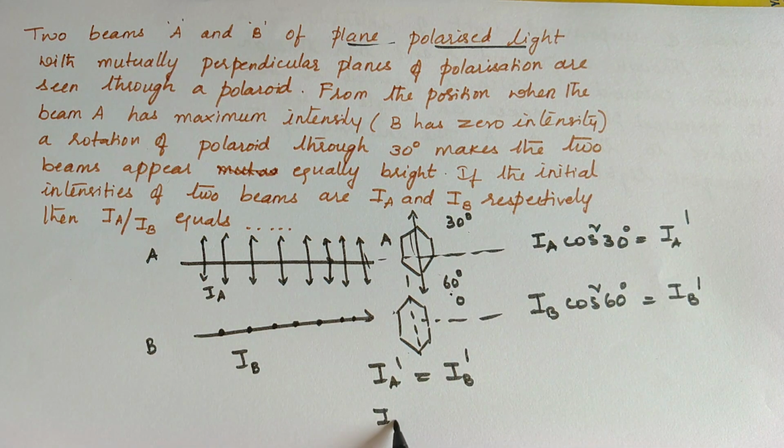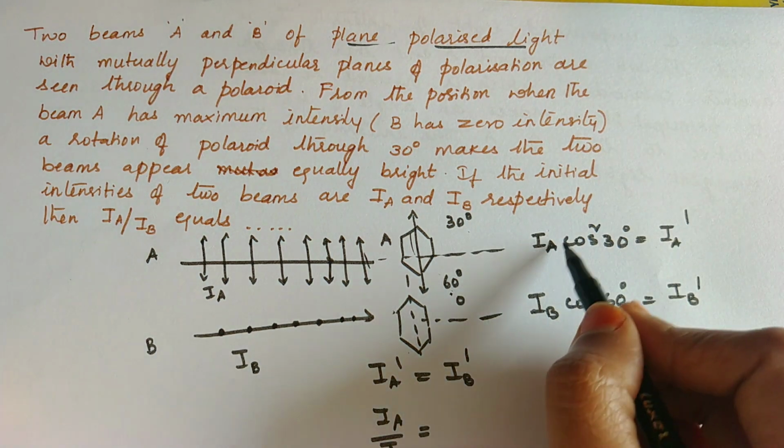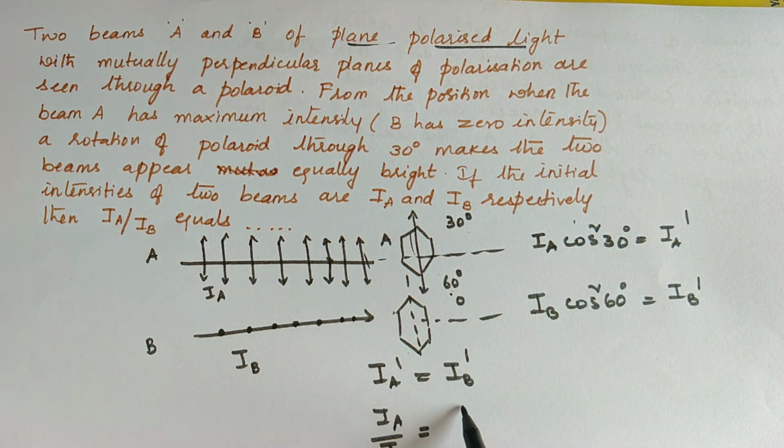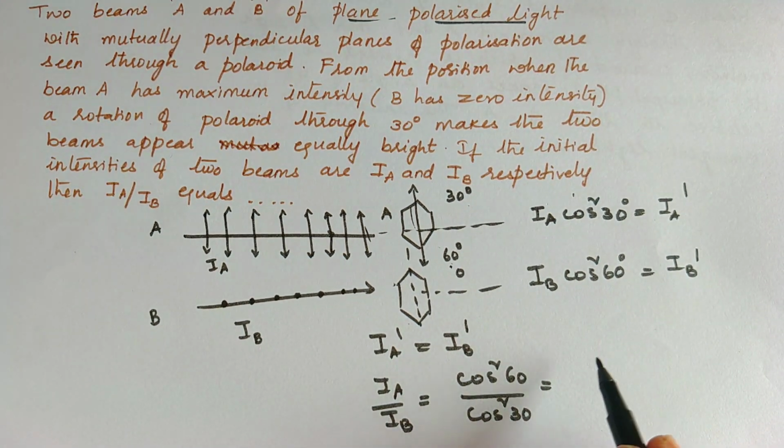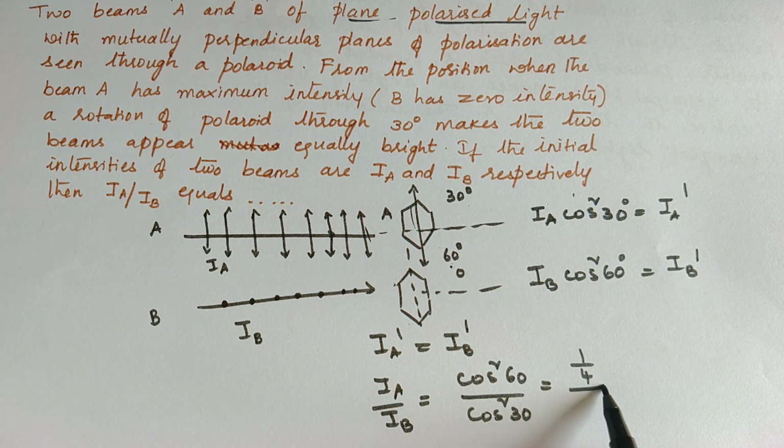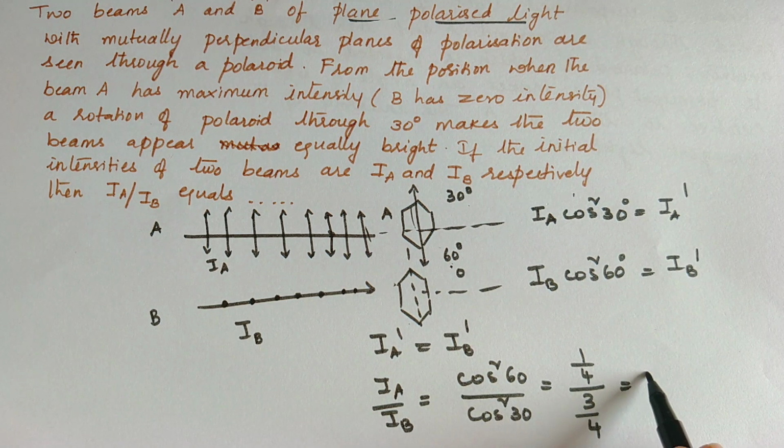Equate them. IA cos square 30 is IB cos square 60. So IA by IB should be cos square 60 by cos square 30. We know cos 60 is 1 by 2. Square of it will be 1 by 4, and what is the value of cos square 30? Root 3 by 2 whole square, 3 by 4. What should your ratio be?